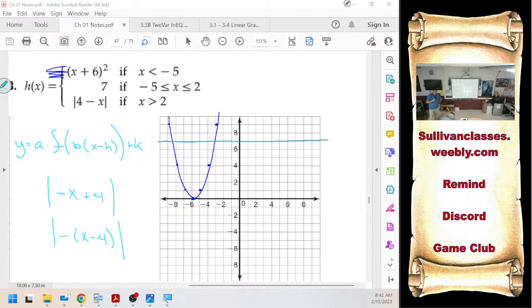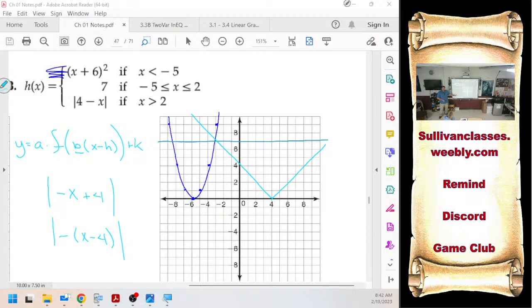Now, if that caught you off guard, or if you plugged it in your calculator to double check what this looks like, you might have been confused. Why is my V over here? It's because if I put it in the correct order and factor out the B, so I have B separated from x minus h, okay, now the two transformations are horizontal translation, right 4.